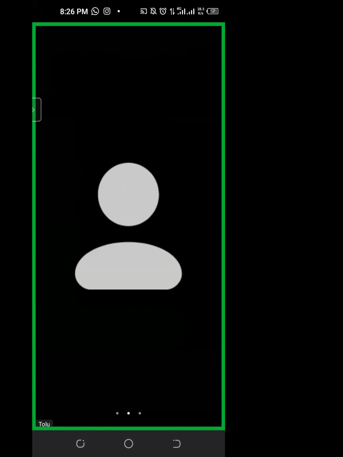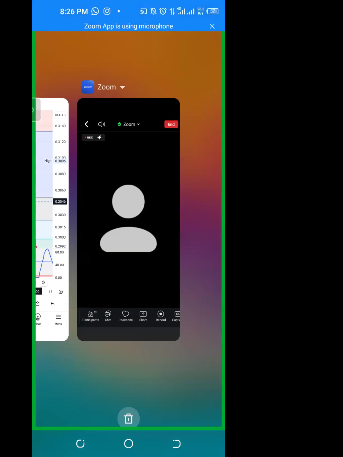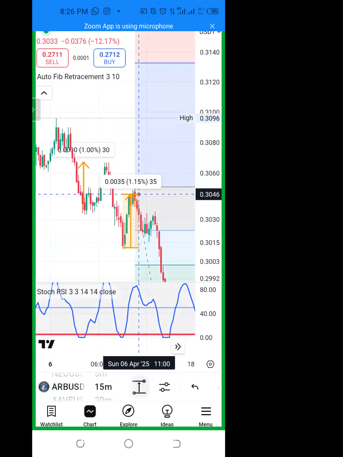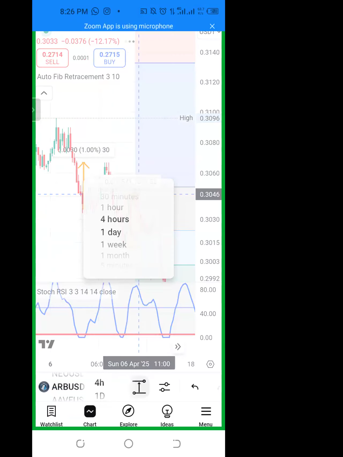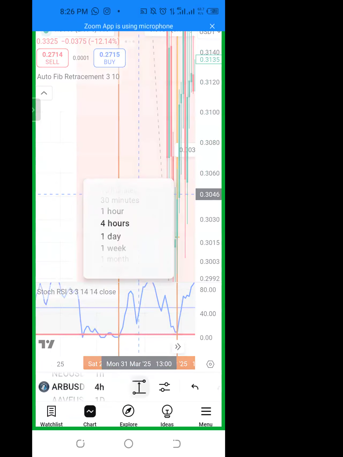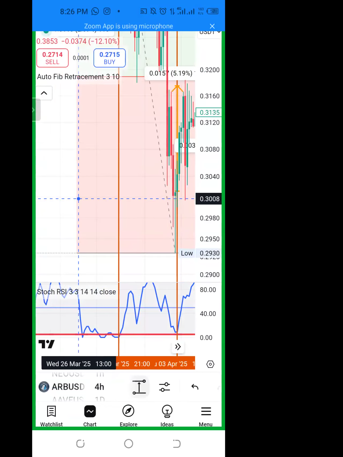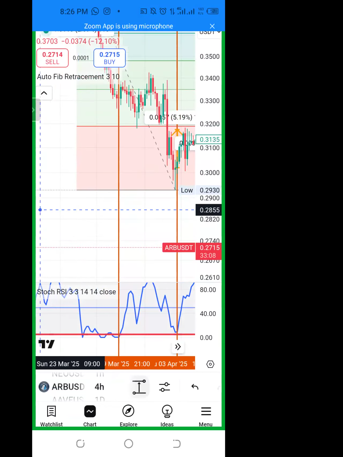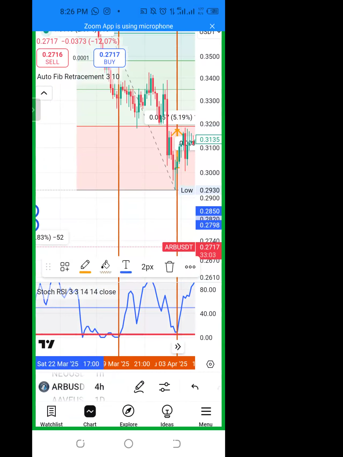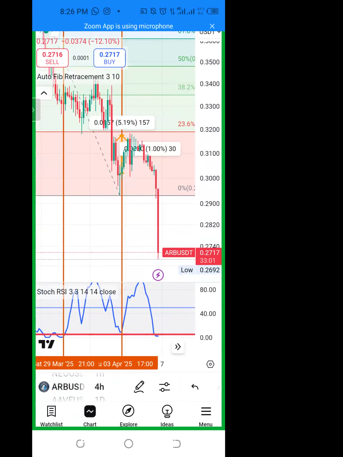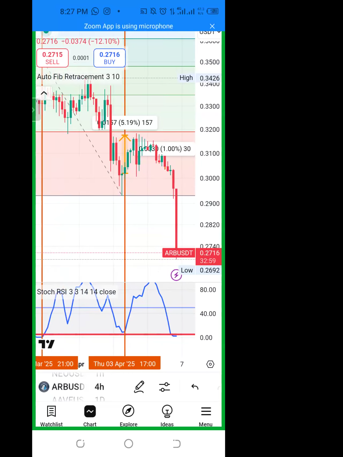If you go and check that chart on the 4 hour, that's where it makes more sense. Let me show us. It makes more sense. Are you seeing it?